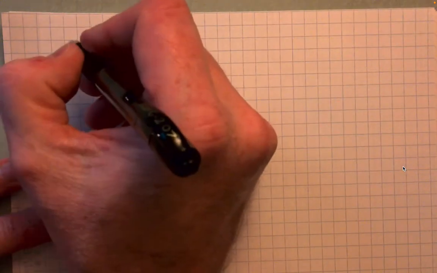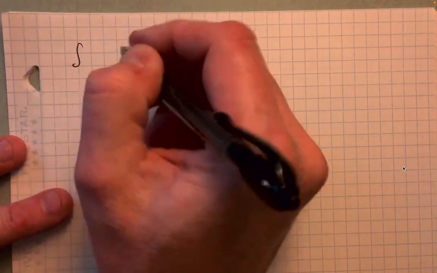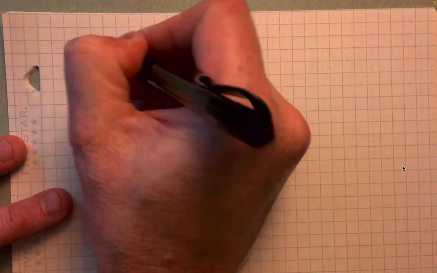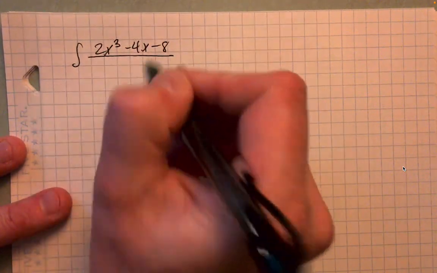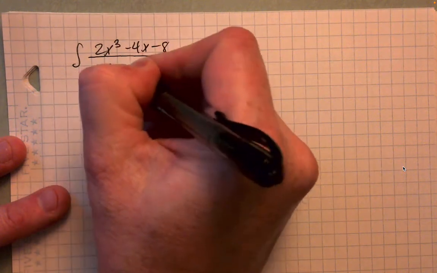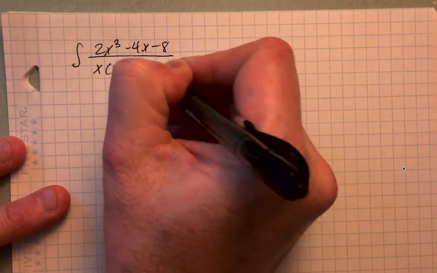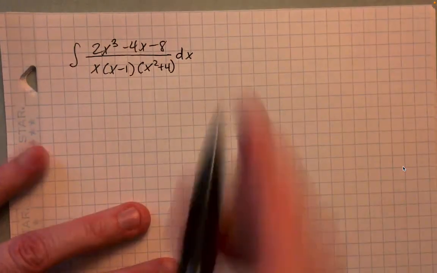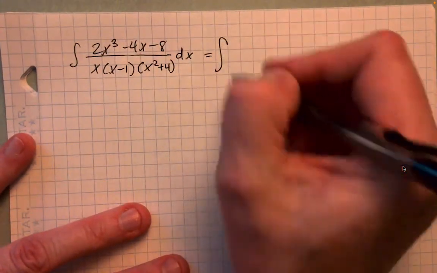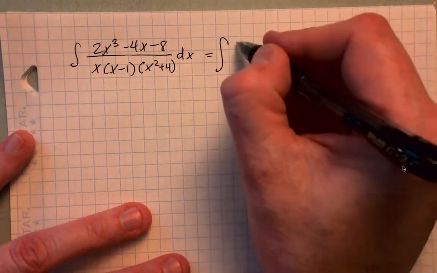Right, so let's see. So we had the integral was 2x cubed minus 4x minus 8 divided by x times x minus 1 times x squared plus 4 dx. Okay, and now we can write that in terms of the partial fraction decomposition.